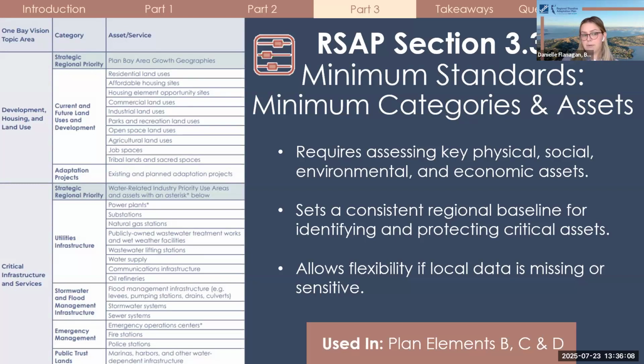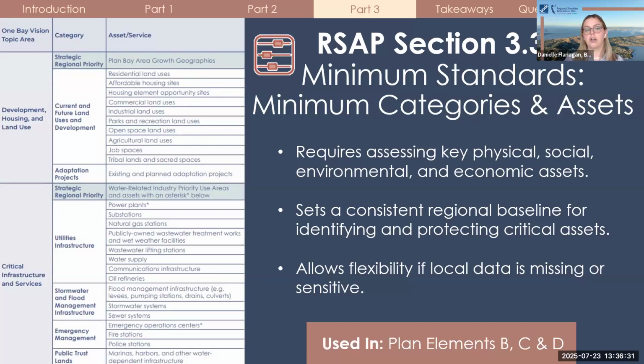About 70 to 80% of the data on these required categories and assets lists are going to be available in the RSAP Atlas, which is launching in early August and will be the focus of our next webinar. For the 10 to 20% of data that we don't include in the Atlas, there is a lot of flexibility in filling the gaps if local data is unavailable or it's sensitive.